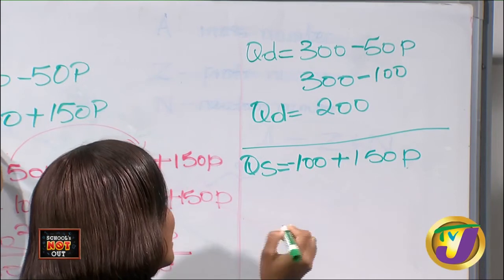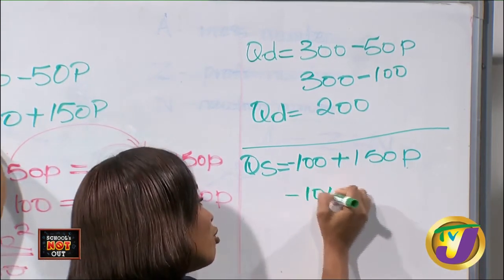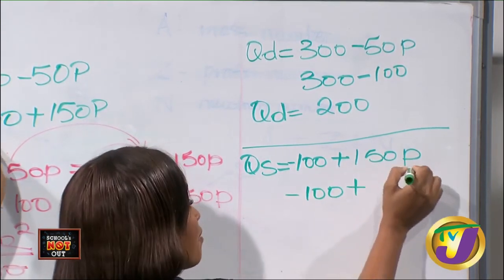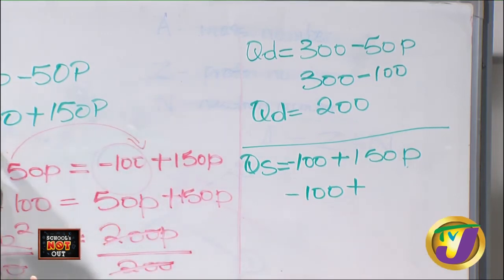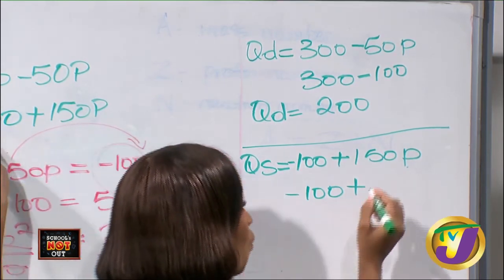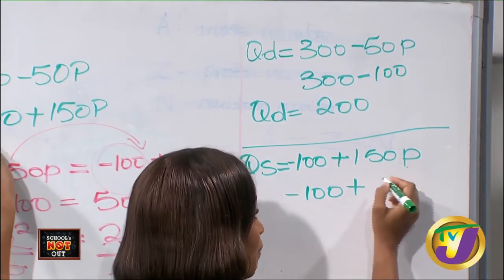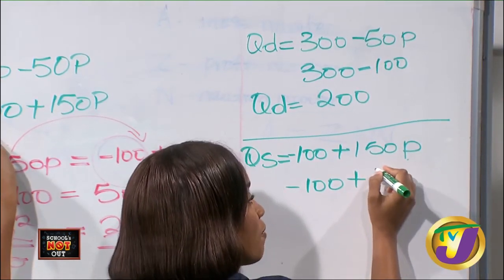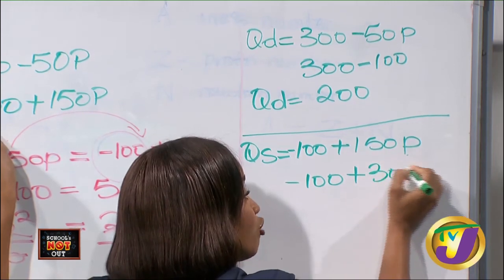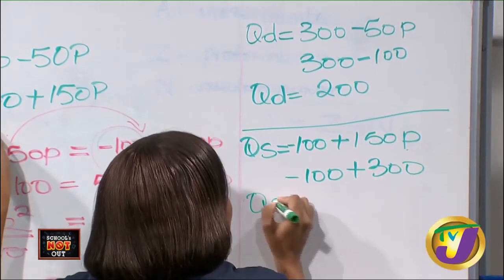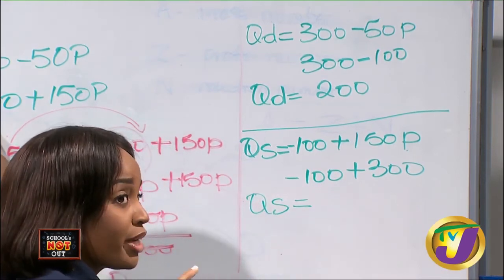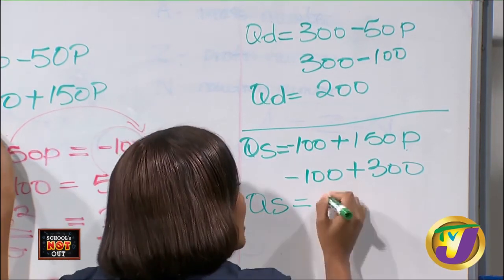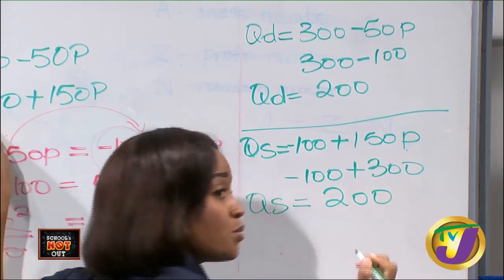Quantity supplied is equal to negative 100 plus 150 times p, and we found out that p is 2. So this is 150 multiplied by 2, which is 300. So quantity supplied is equal to negative 100 plus 300. Quantity supplied is therefore equal to 200.